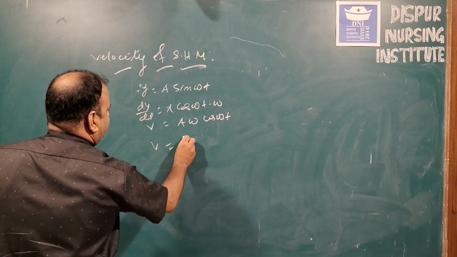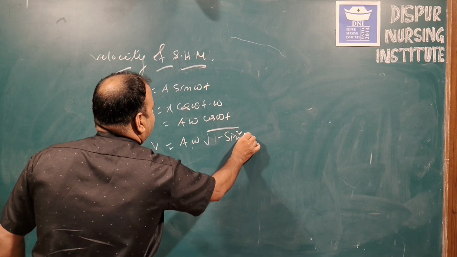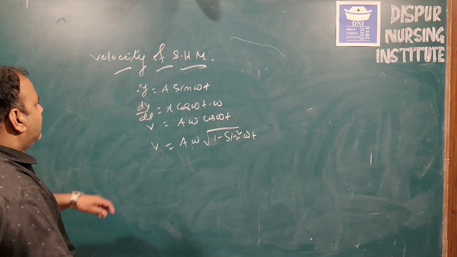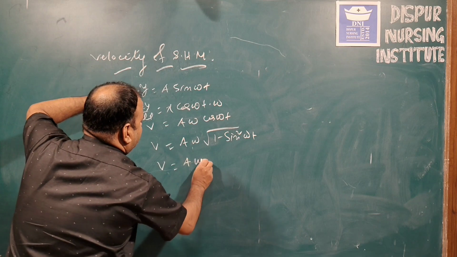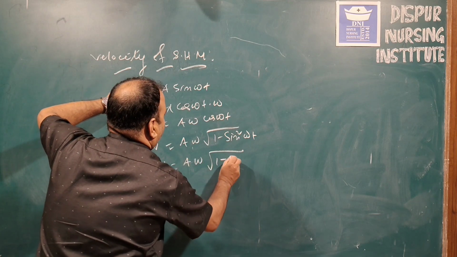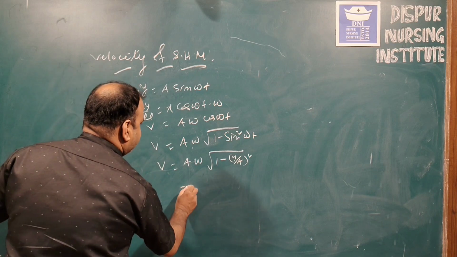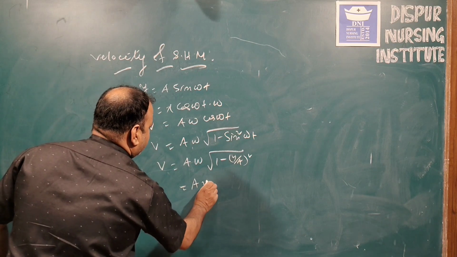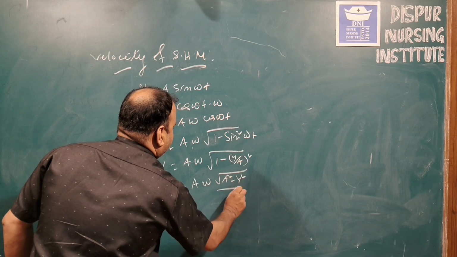So v is equal to a omega cos omega t, and here cos omega t means under root 1 minus sin square omega t. Here sin omega t means y by a, so v is equal to a omega under root, in short we write, 1 minus y by a whole square. So it can be written as a omega under root a square minus y square divided by a.